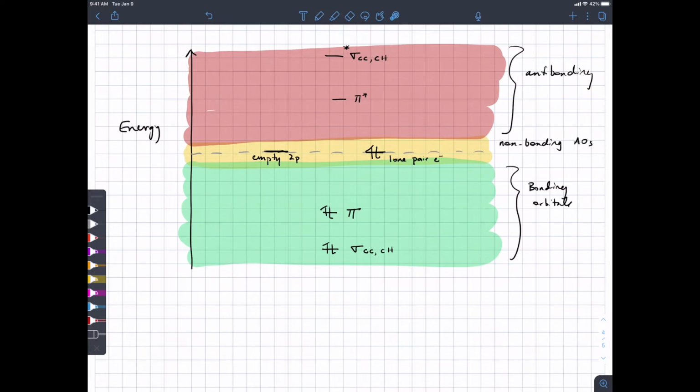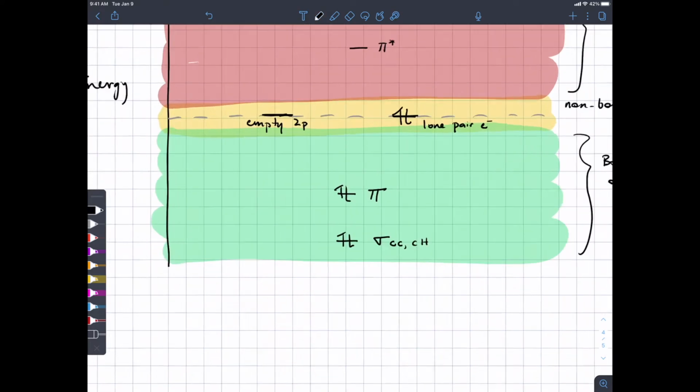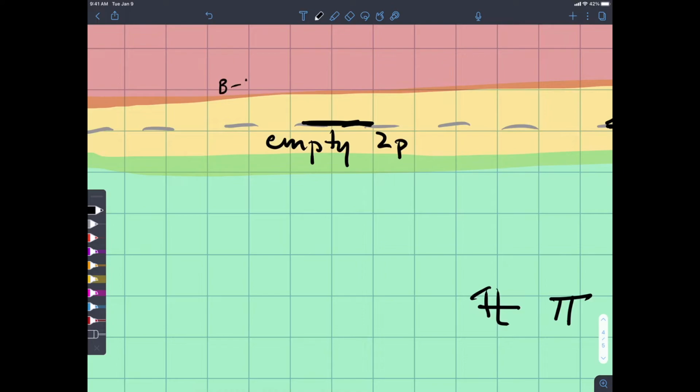What about empty orbitals? Well, first I'm going to look for an empty p orbital. Those are rare. It's either on a neutral boron, as we've shown you before, or on a carbocation. We haven't learned anything about carbocations yet, but they also have an empty p orbital.